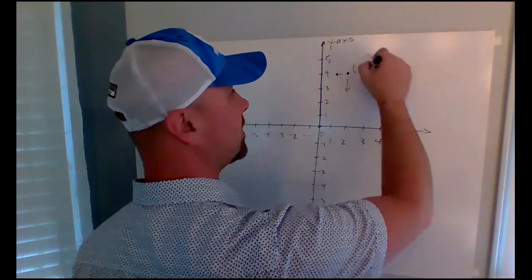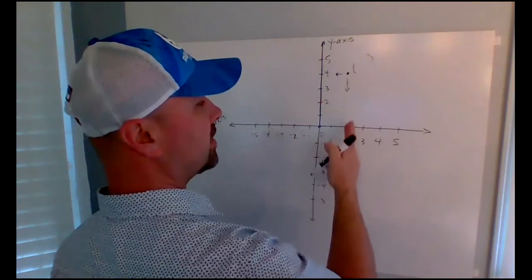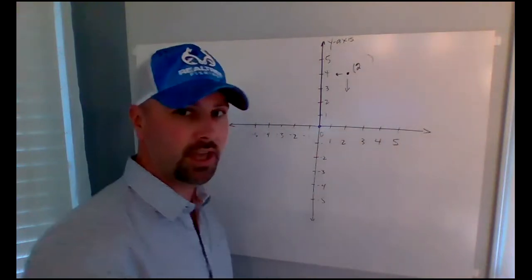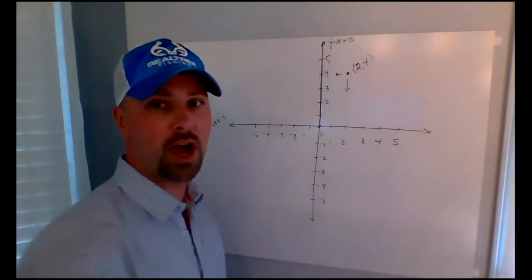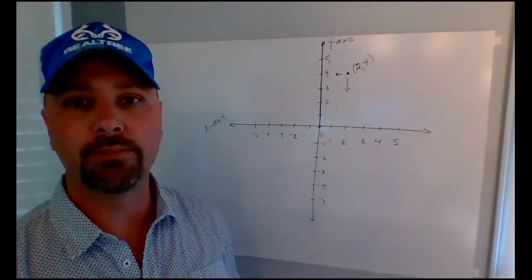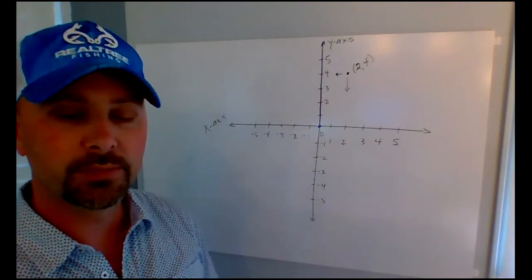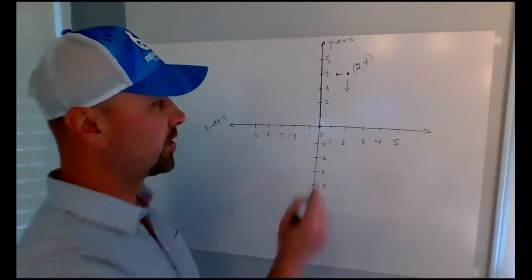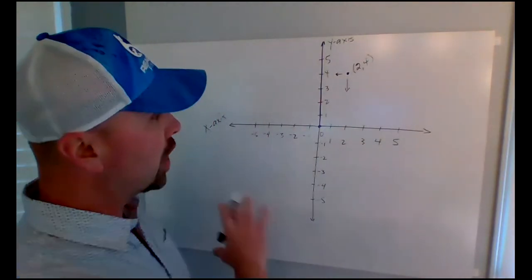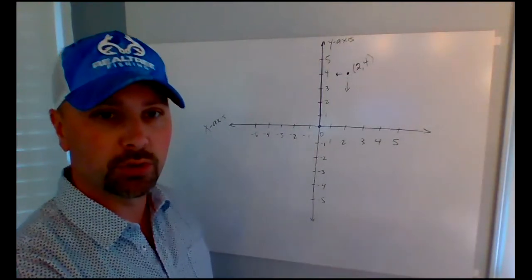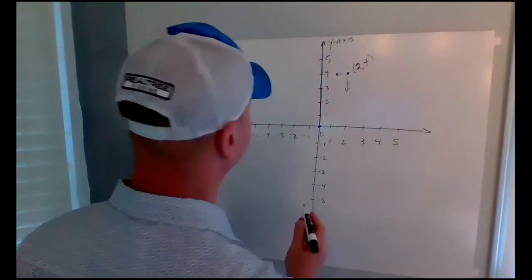And so we put it in parentheses, starting with where it falls on the X. So this spot falls on 2 on the X and 4 on the Y. We separate that with a comma. So the ordered pair for that point would be (2, 4). The coordinate would be (2, 4): 2 on the X, 4 on the Y. And there's no other place called (2, 4) here. That's the only spot.